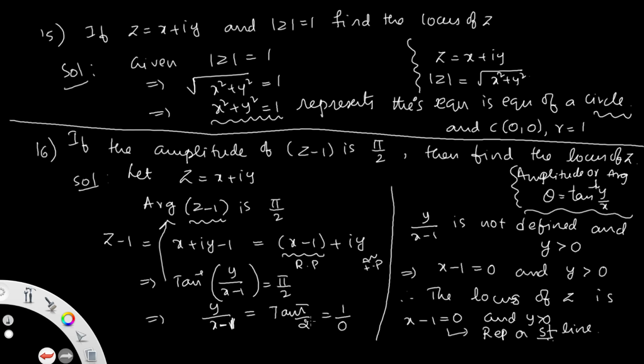Then you get x minus 1 equal to 0 and y greater than 0. Therefore, the locus of z is x minus 1 equal to 0 with y positive, which represents a straight line, that is x equal to 1. So that is question number 16.